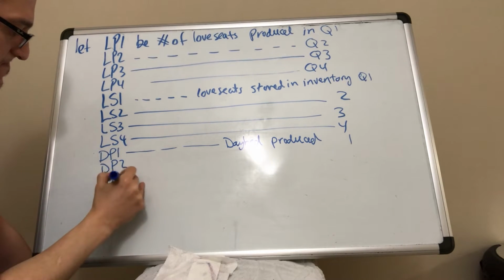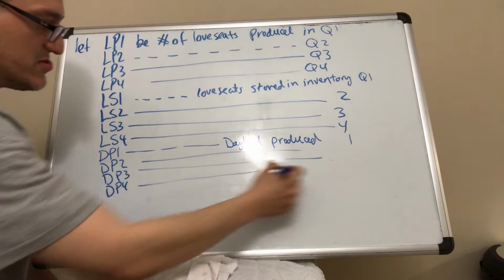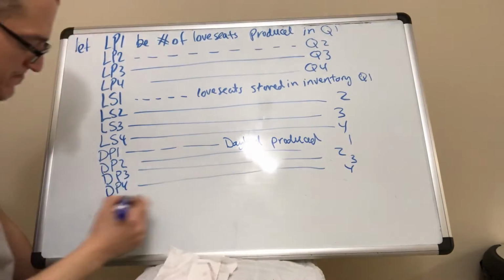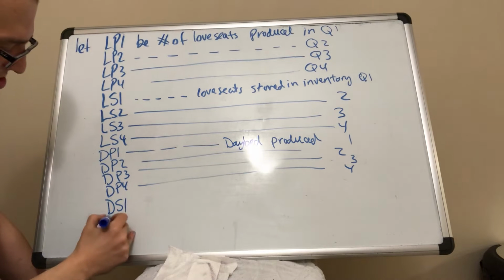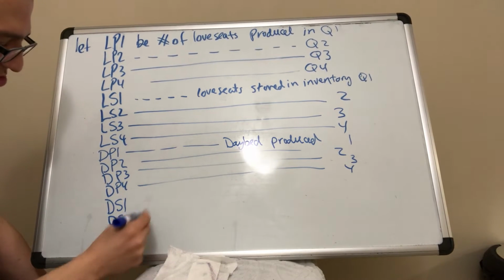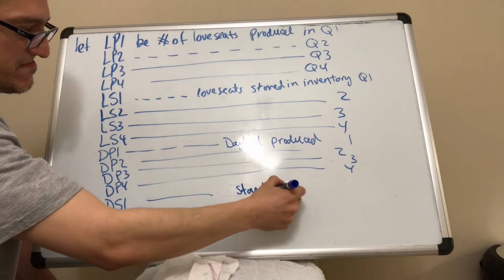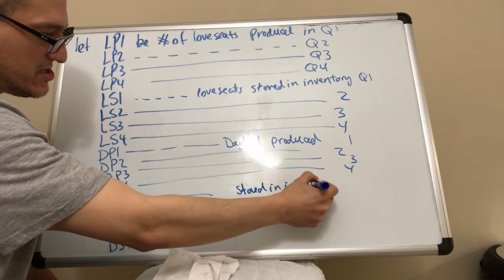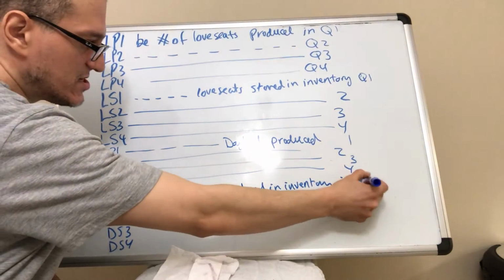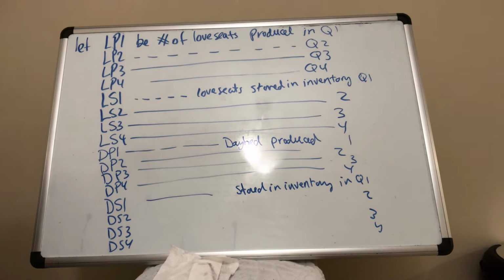DP2, 3, and 4 produced in 2, 3, and 4. DS1, 2, 3, and 4 stored in inventory Q1, 2, 3, 4. So these are the 16 variables necessary for this question.